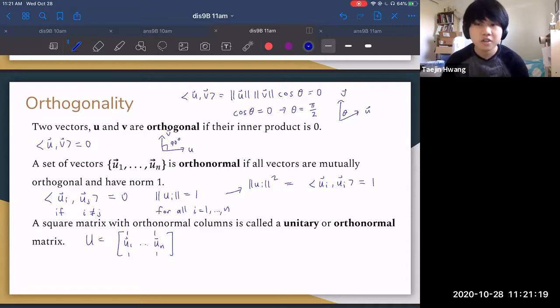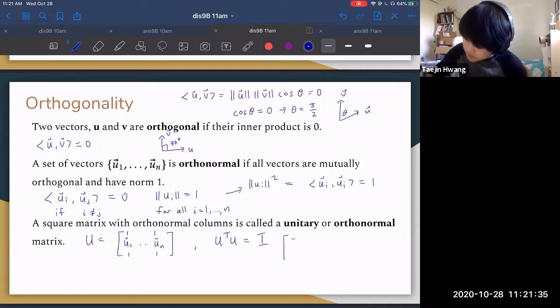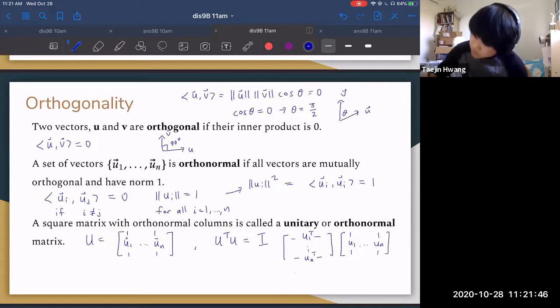I think the last thing I wanted to mention was that if a matrix has orthonormal columns, then U transpose U is equal to the identity. This is because if you look at the transpose of all of the U vectors in the U matrix, you'll notice that the matrix multiplication is a bunch of inner products.